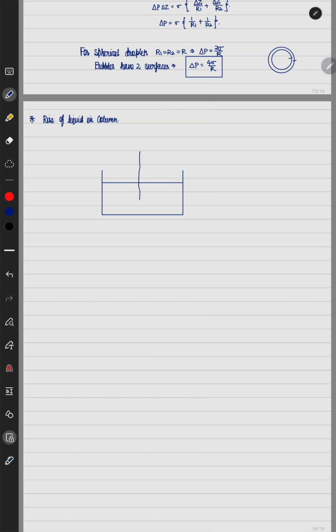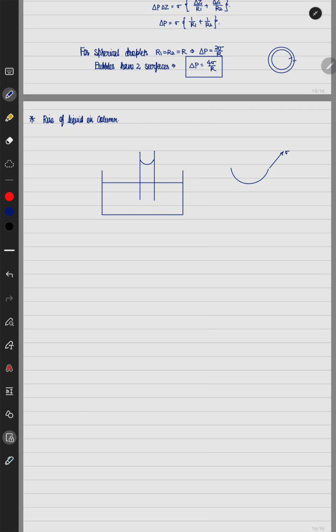This is the capillary, and we can see that there will be a rise if I put this particular tube into the liquid which is kept in the beaker. Okay, so what is the physics behind it? We will draw the surface. This is the surface, and at this surface sigma is acting in the direction tangent.